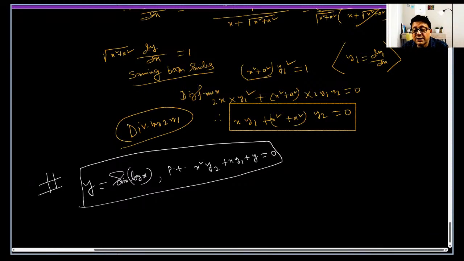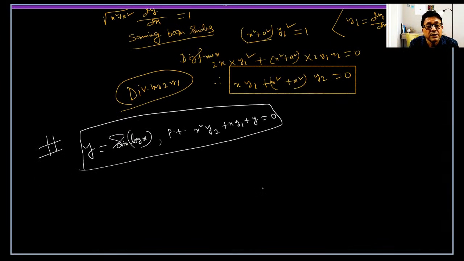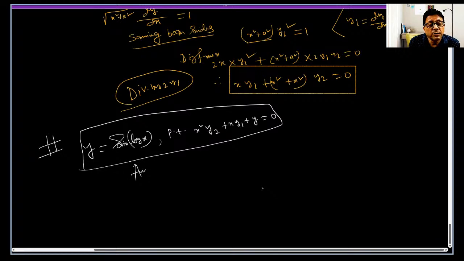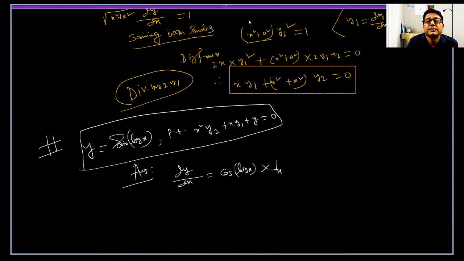To get this answer you will differentiate once. So you write dy by dx equal to cos log x into 1 by x. I have seen in your calculation that most of you prefer to differentiate after this step.